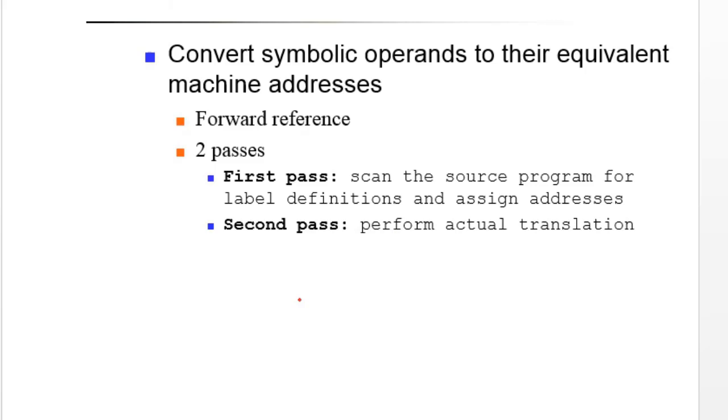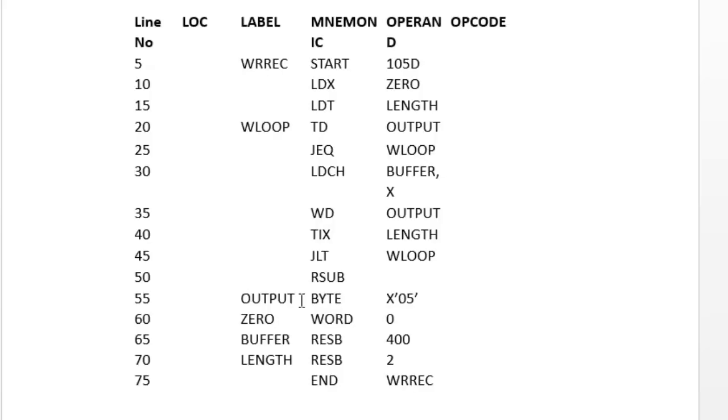I repeat the forward reference problem again. Please see here. We have, for example, LDT length. I want to convert LDT length to machine code. What is the opcode equivalent of LDT? LDT is 74.